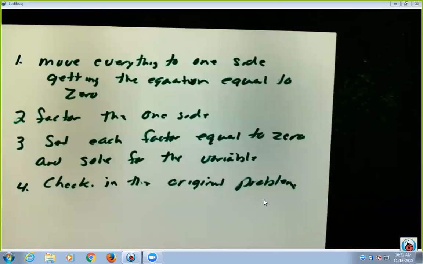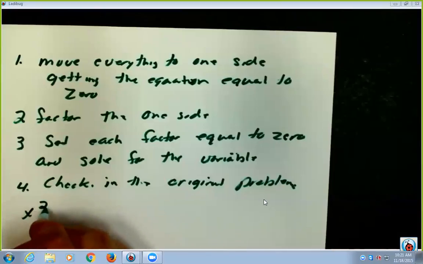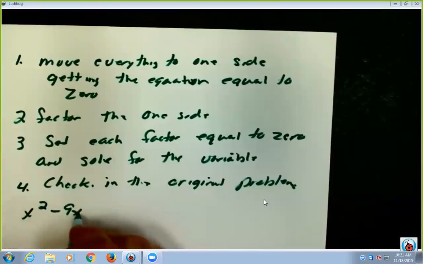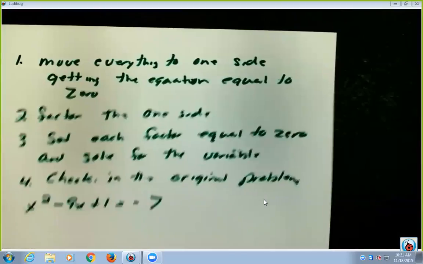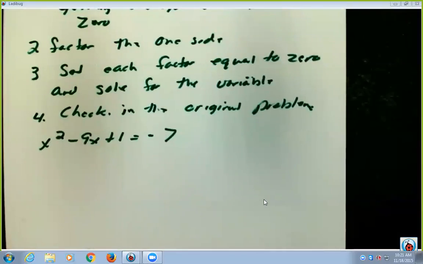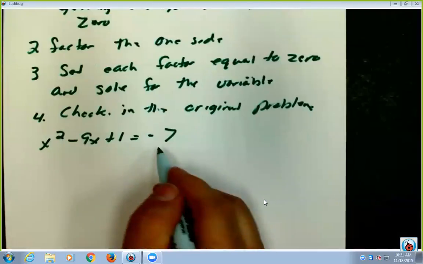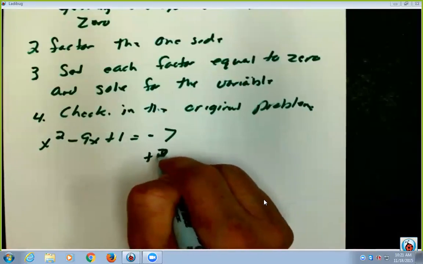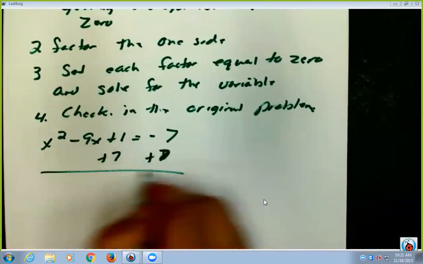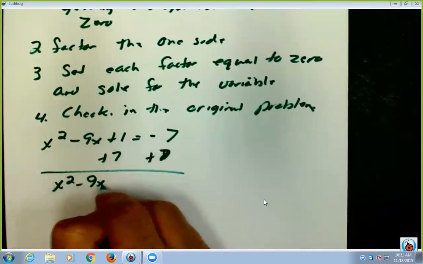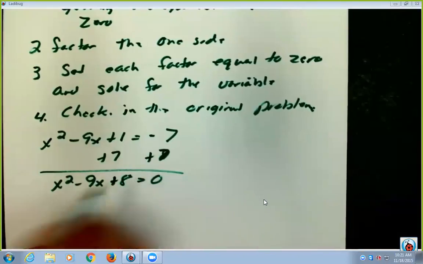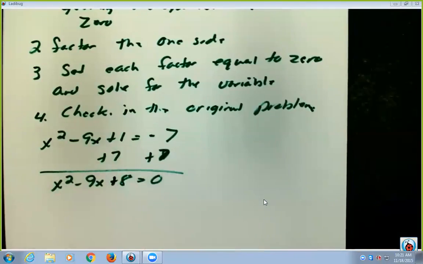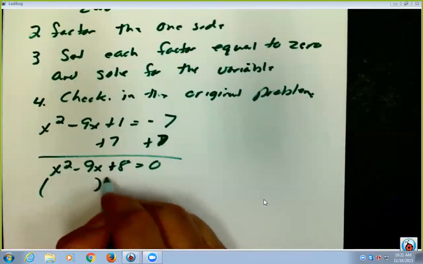So here's an example of one of those. x squared minus 9x plus 1 equals negative 7. So it's not set equal to 0, but I need to get it there. So I need to add 7. And I get that. Can that be factored?